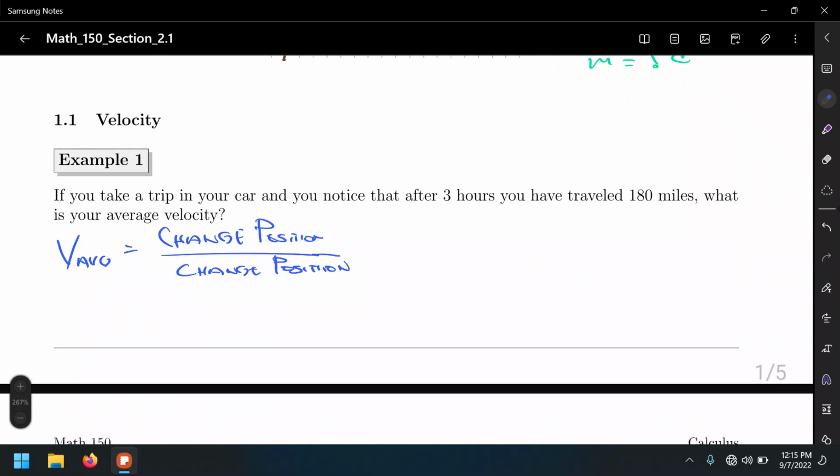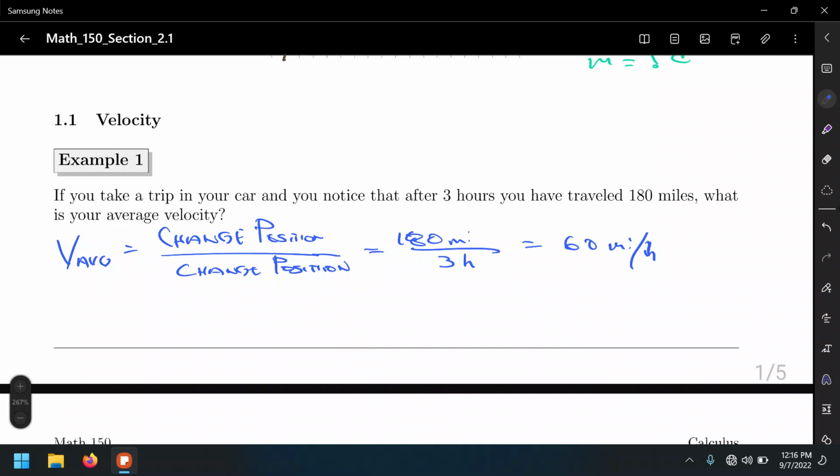Let's not get too ahead right now. Let's keep this simple. So the change in the position, which is 180 miles, over the change in time, which is 3 hours, is 60 miles per hour. Which is a decent answer, right? It makes sense with the context, right? Not driving at 60 miles per hour, why not?